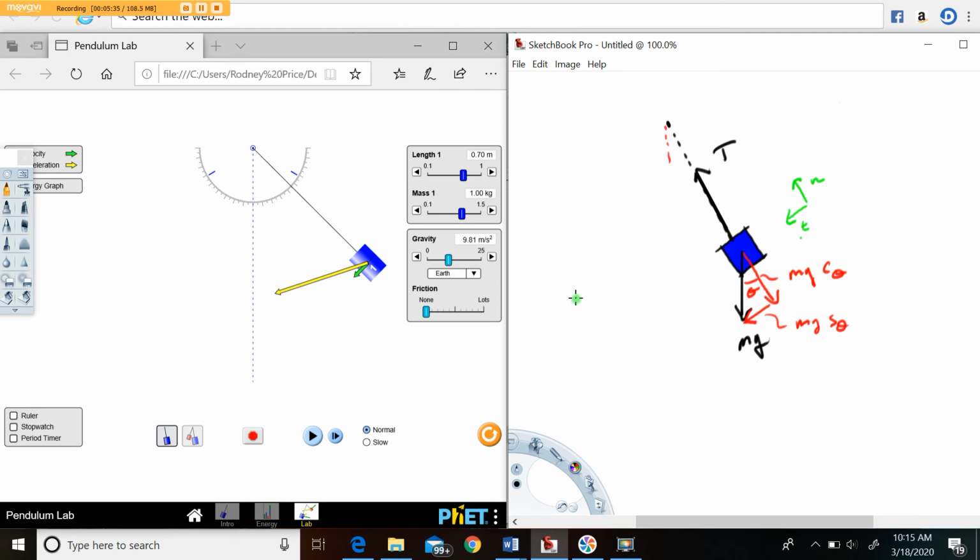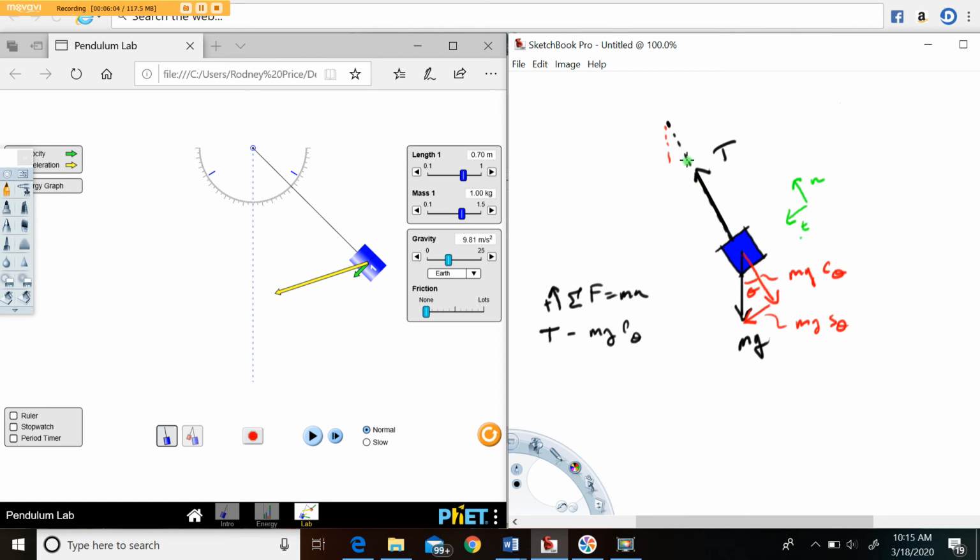So when we write a force equation for that, the sum of all forces equals ma. We're calling up and left positive. We look at our free body, the tension is in that direction. This component of the gravitational force is also parallel to this direction, so we're going to have an mg cosine theta. Now I'm calling up and left positive, and this force vector is down and left.